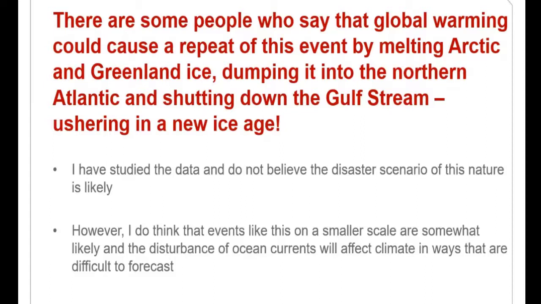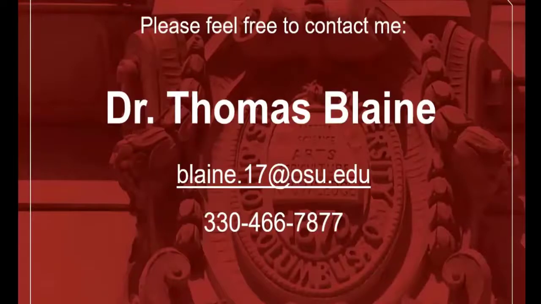And something like this happening on a smaller scale, with disturbance of ocean currents affecting climate in ways that we don't even know exactly yet, is a possibility. And so I wanted to run that by you since we did talk about ocean currents and gyres.